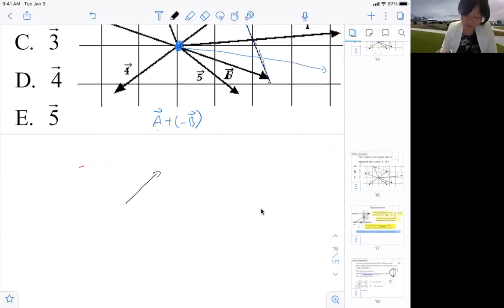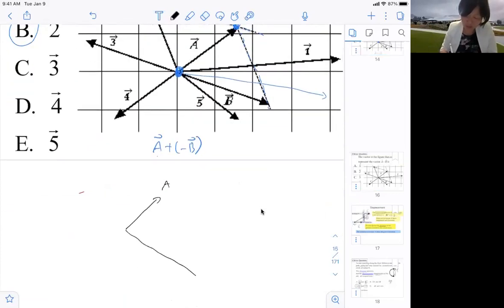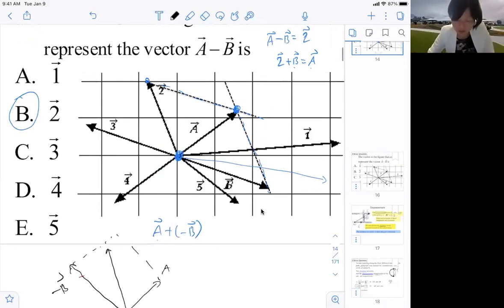A and B is a little bit longer. It's this way. And they add up, should be like 2. Does that make sense? So A and negative B, this is negative B. You can see how these two add up, right? So A plus negative B is 2. Does that make sense?